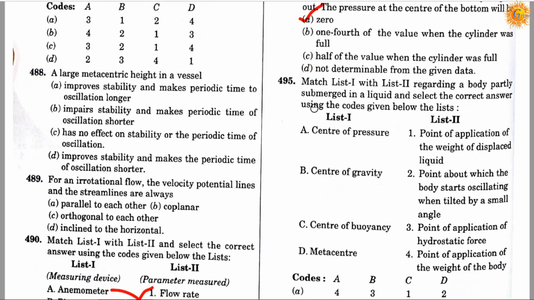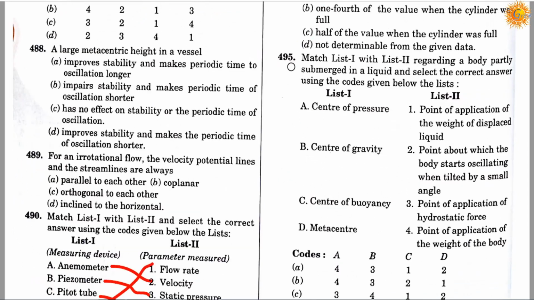Question number 495. Match list first with the second regarding a body partially submerged in a liquid and select the correct answer using the codes given below. In the first list there is the center of pressure; in the second list there is the point of application of the weight of the displaced liquid.